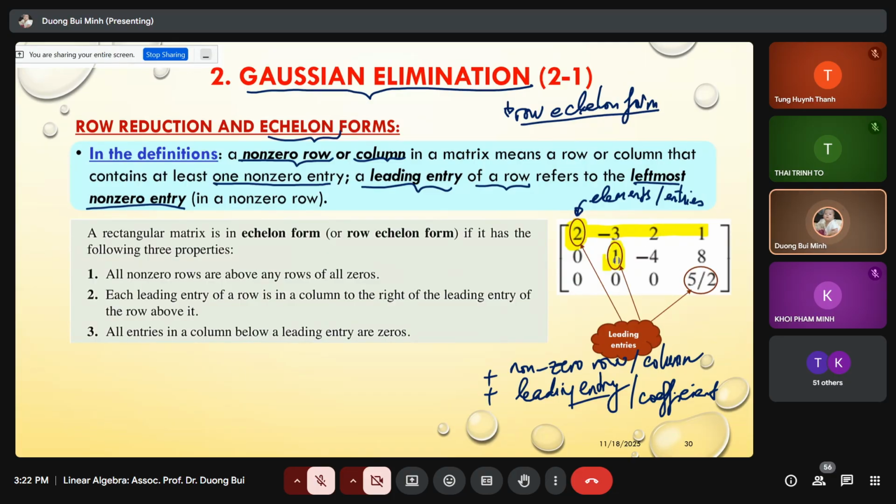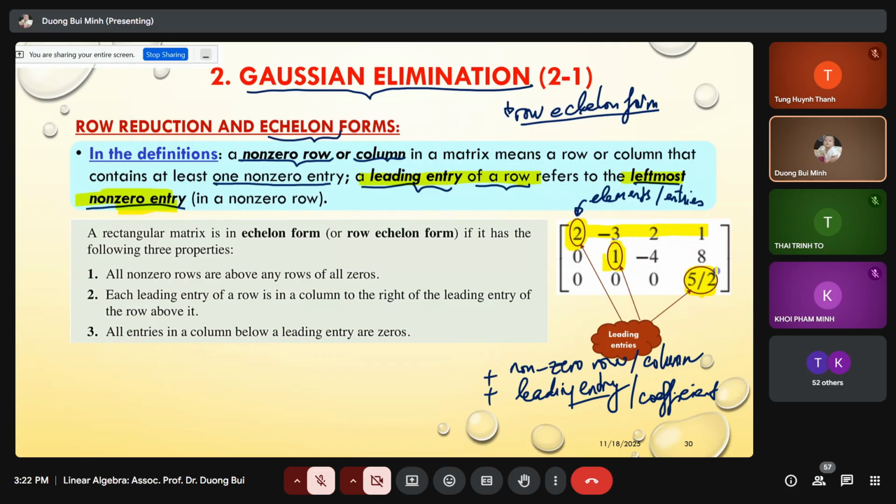This is the leading entry of the second row. Why? We cannot consider zero. The leading entry of a row refers to the leftmost non-zero entry, and it is zero, so no. So 1 is the leading entry of the second row, and 5/2 is the leading entry of the last row.